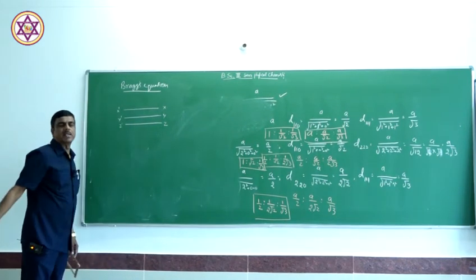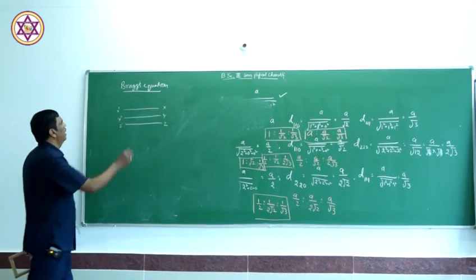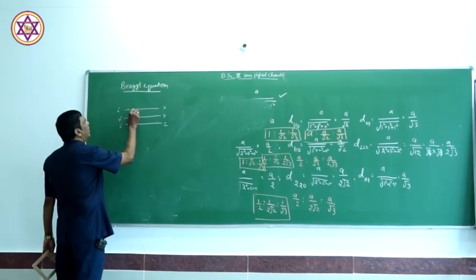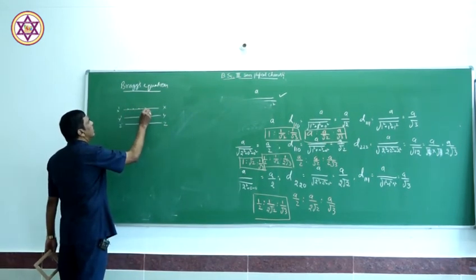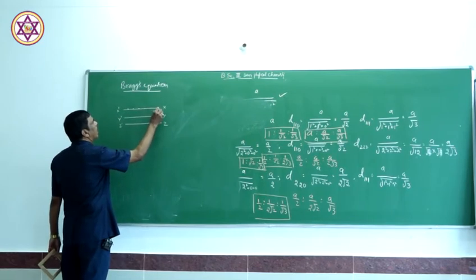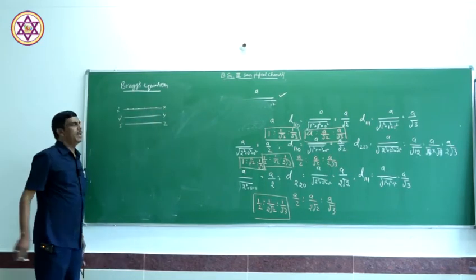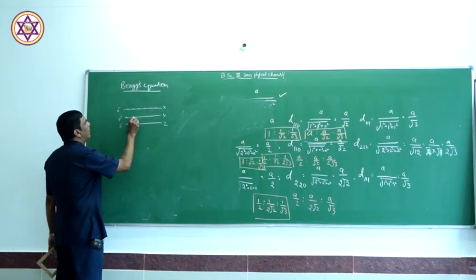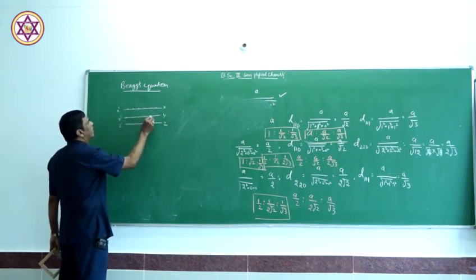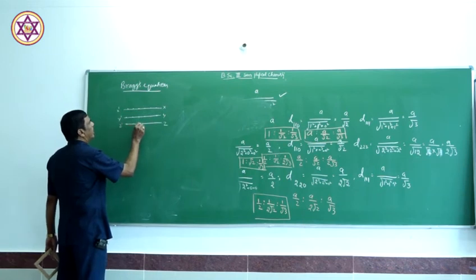Consider three planes in a crystal, with atoms or molecules parallel to each plane. This plane is parallel to this plane, which is parallel to this plane.